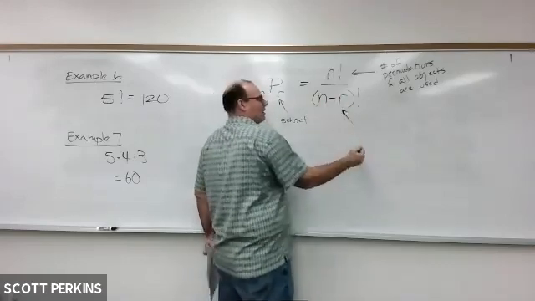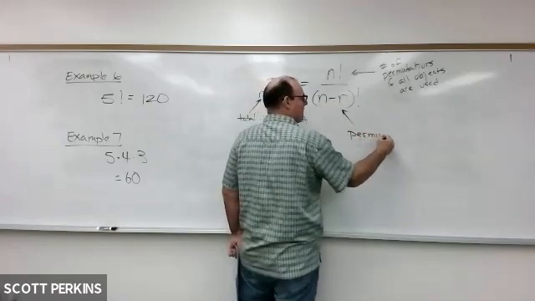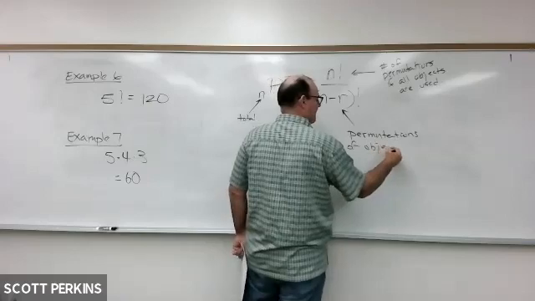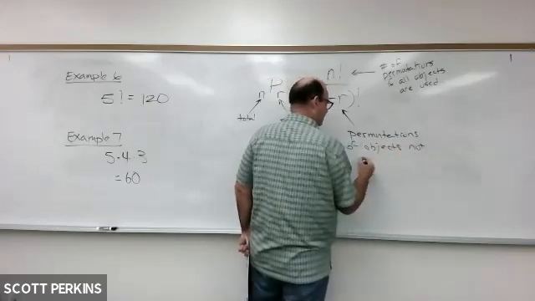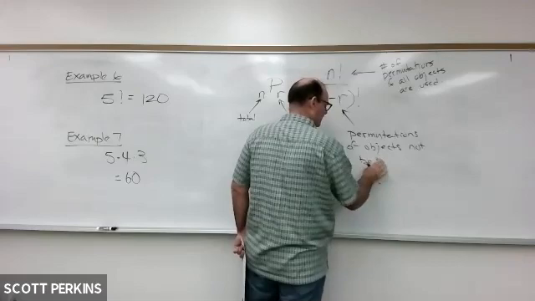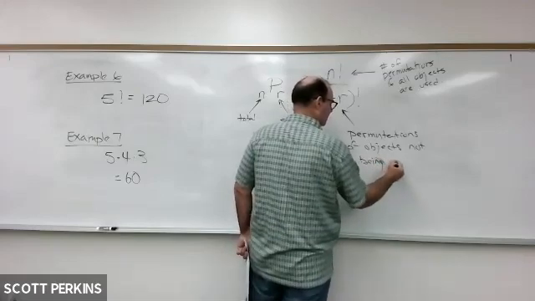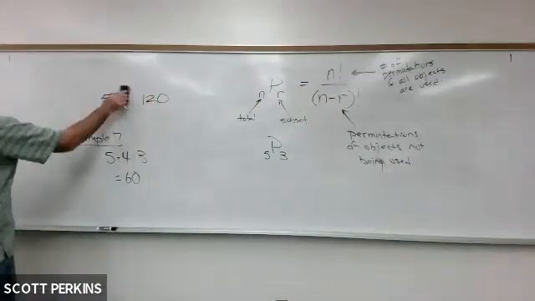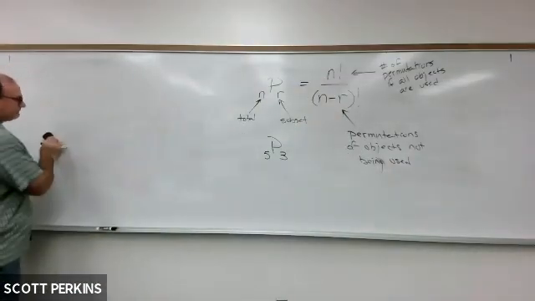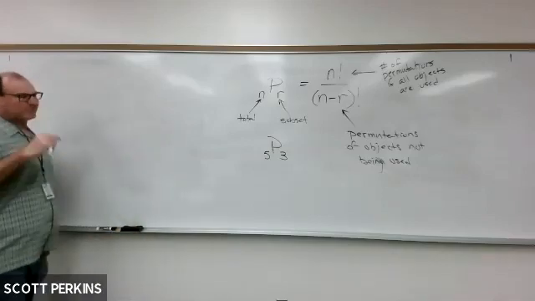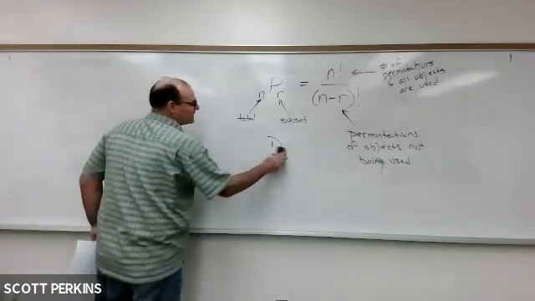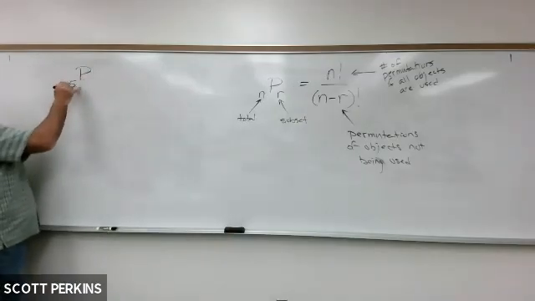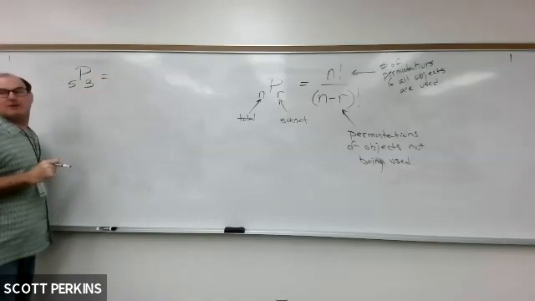So n minus R is the permutations of the objects not being used. So for instance, for my letter example, the number of permutations of 5 objects, I'm choosing 3.